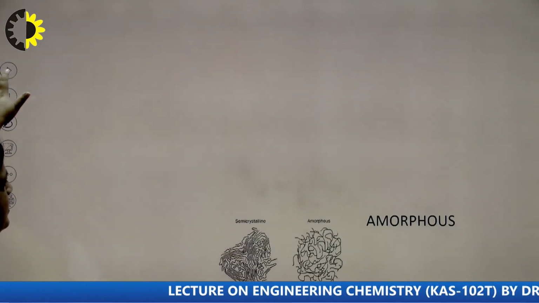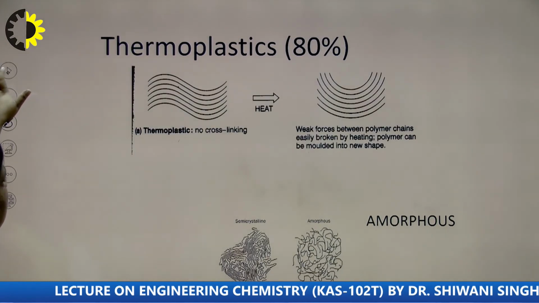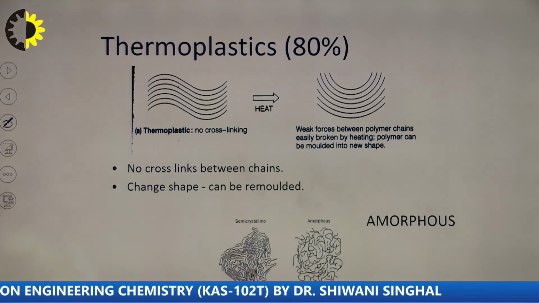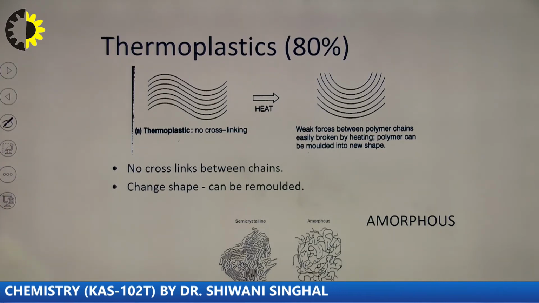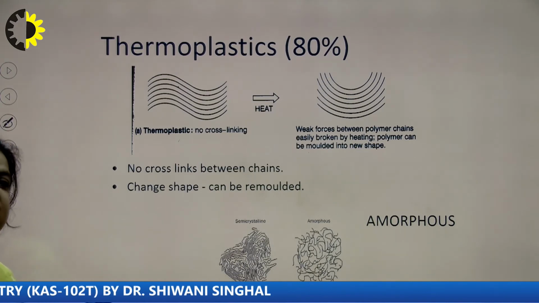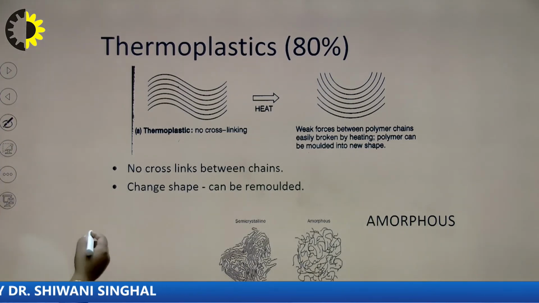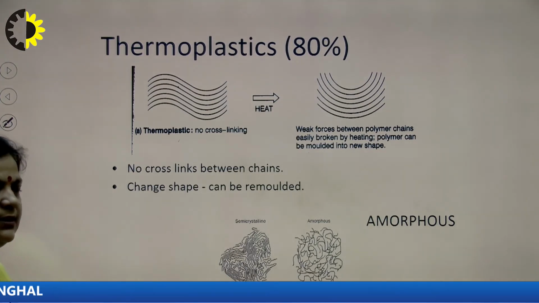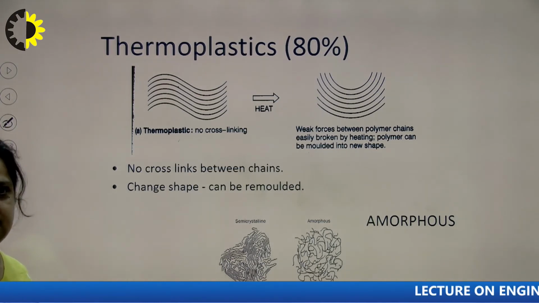Now, next is classification on the basis of thermal quality, or on the basis of temperature. In a previous lecture I said that all plastics are polymers, but it is not necessary that all polymers are plastic.